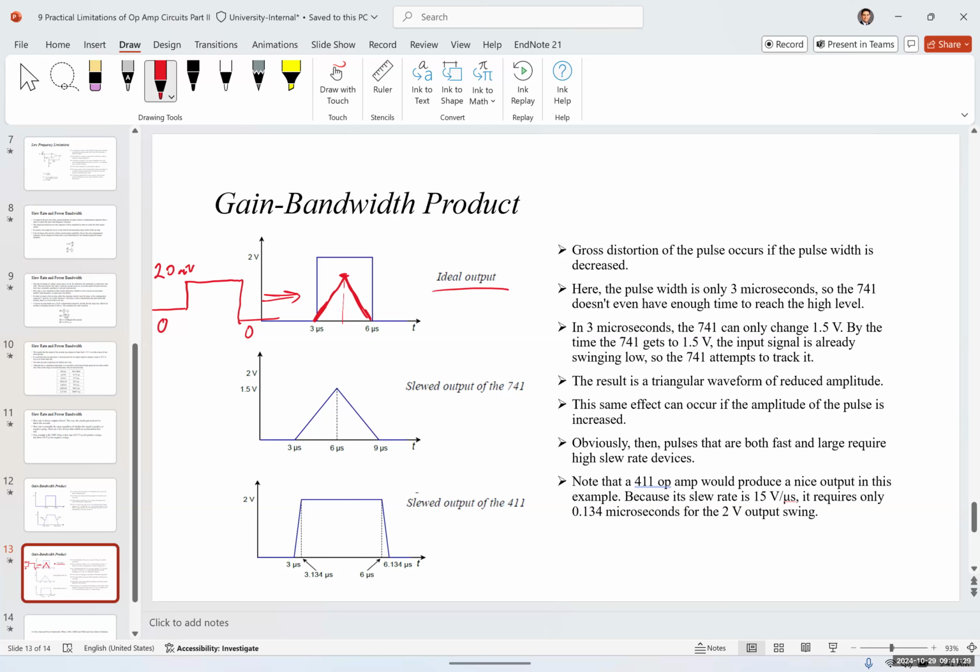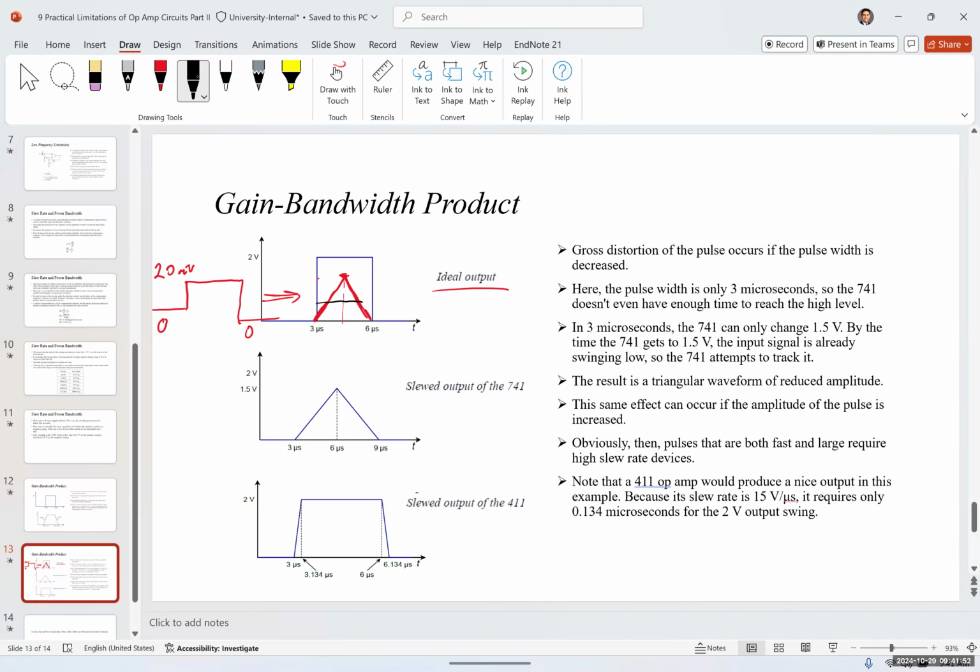The reason is 2 reasons, mainly. Number 1, the op-amp is not fast enough, and number 2, the maximum output voltage is so high that the op-amp could not reach that output. So if the output voltage was around, let's say here, I'm going to draw another one with the black one.